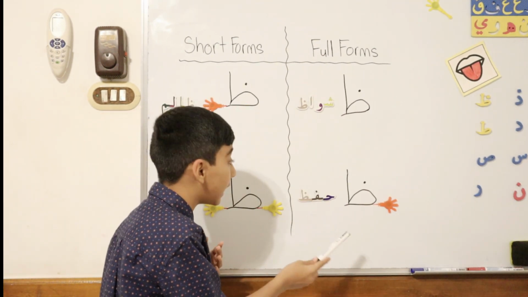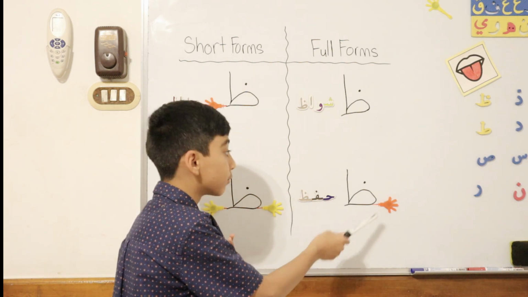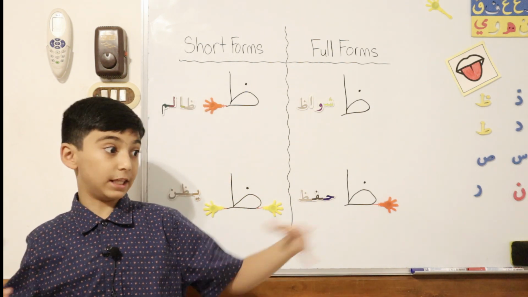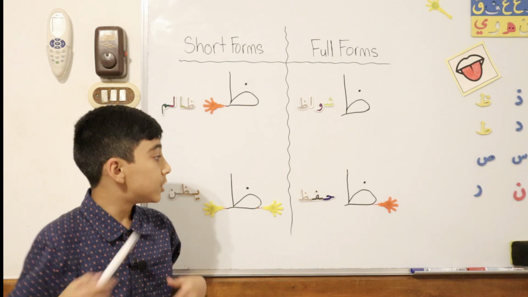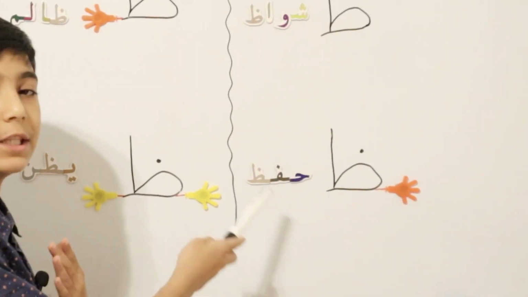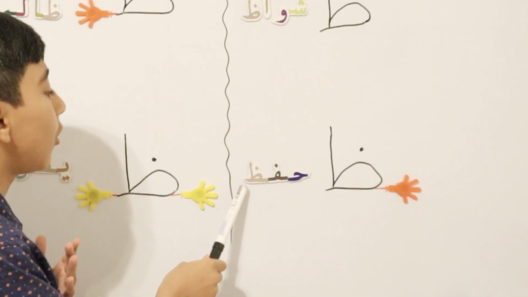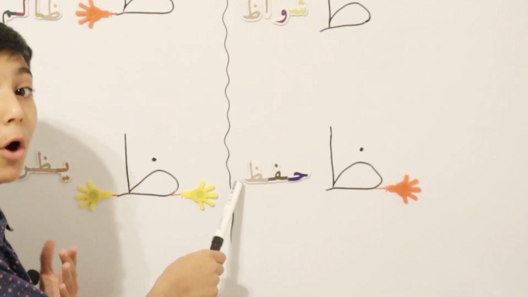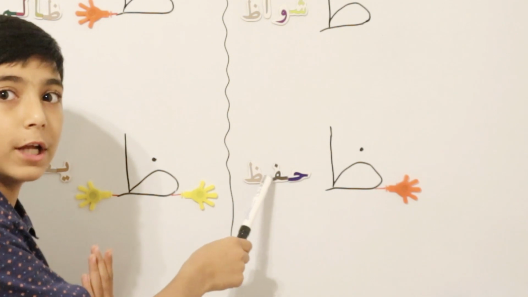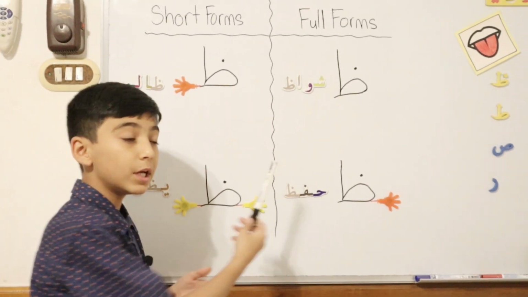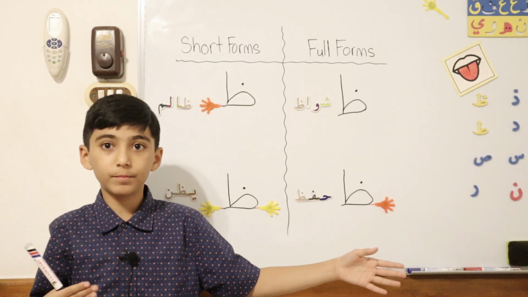But in the second case, Fa has one arm connecting this way. So we can see in this word, the first letter is not connecting, but over here, the Fa is connecting to letter Fa and joining its arm with it.